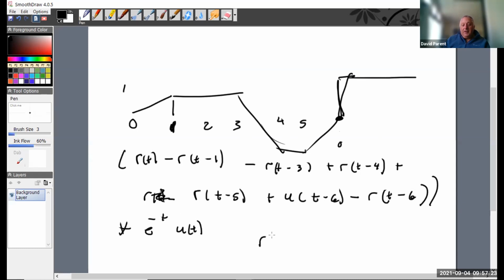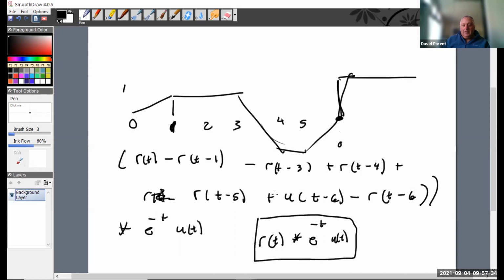I just have to find r(t) convolved with e^(-t) u(t), because I have this function convolved with this, convolved with this. Once I find that answer, I just have to subtract it and delay it, subtract it and delay it, subtract, delay, subtract, delay.